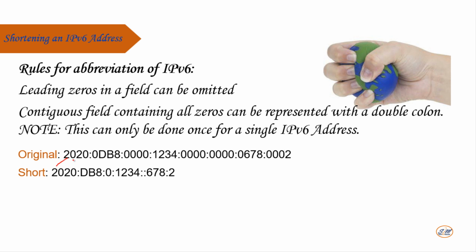Here we have two 2s in the same place, and zeros again. So this 0 will be omitted, and this 0 will be omitted, and instead we have only one zero. These contiguous zeros, we have 8, 32 bits of zeros. The computer just puts a double colon instead. So this double colon will look like this, and it stands for this amount of zeros.